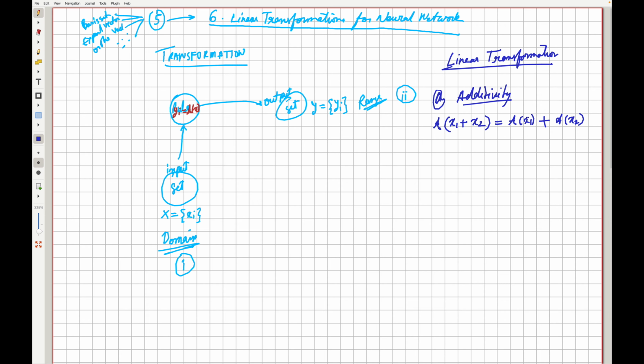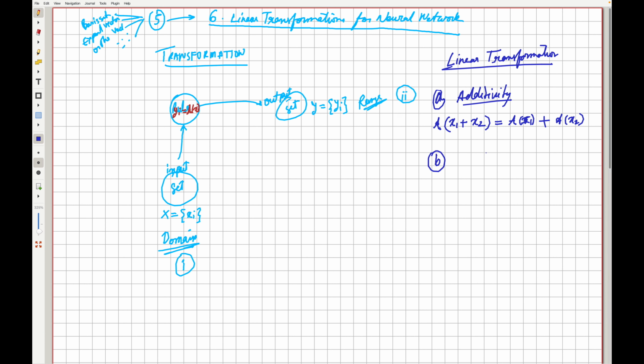So that's rule number one. What this says is that the rule doesn't distort how things add up. So after addition, things remain consistent. Either we do it this way or this way.